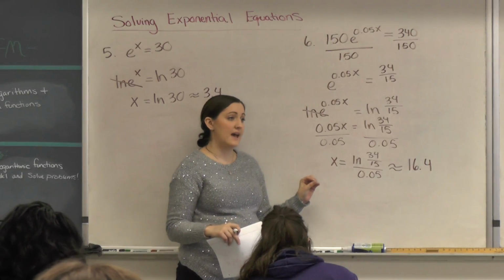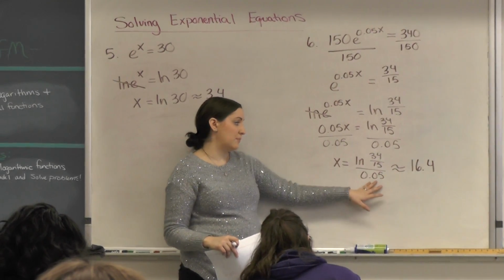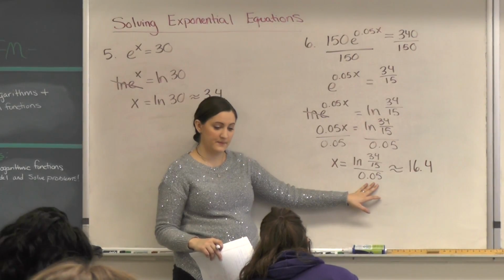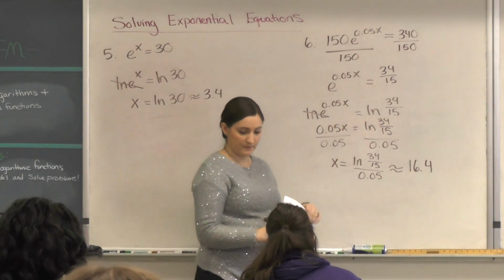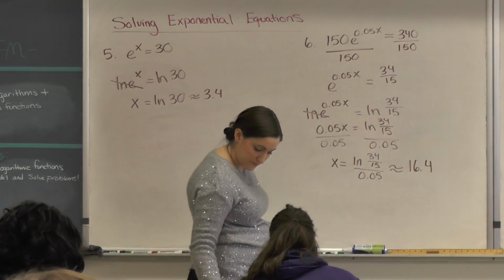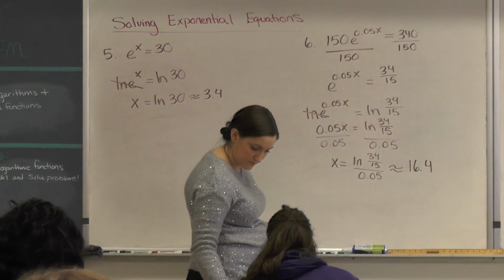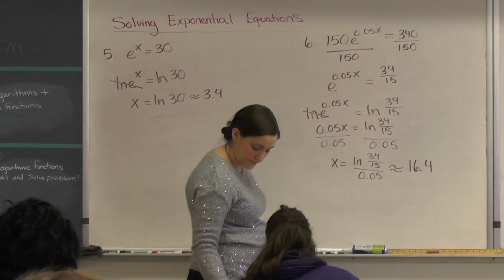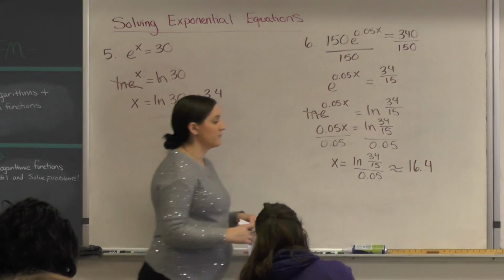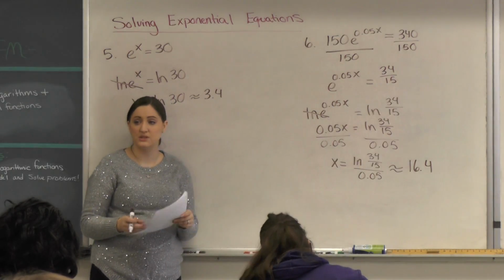Get an answer for that and then divide that answer by 0.05. Alright, any questions so far?